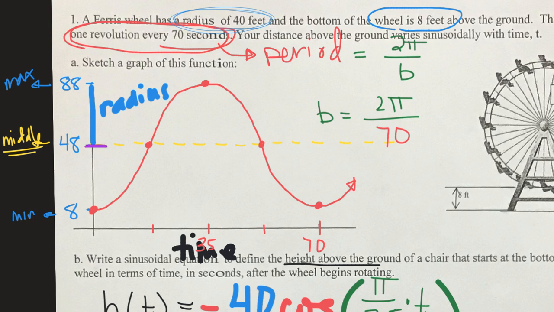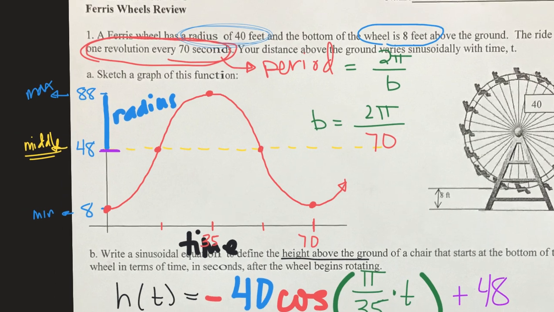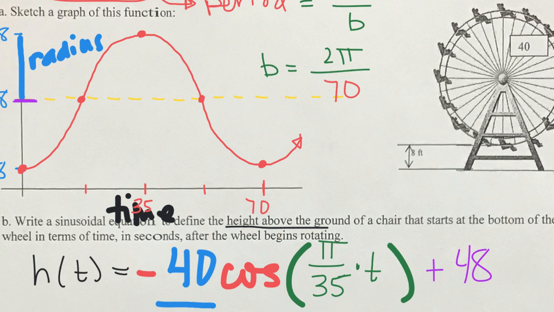So the middle of our graph is there at 48. So these are the things that constitute our equation. We have the radius, we have your b value from your period, and we have the midline. These are the 3 things that we need to have in there. Plus, it's a negative cosine, because our graph starts at a minimum.